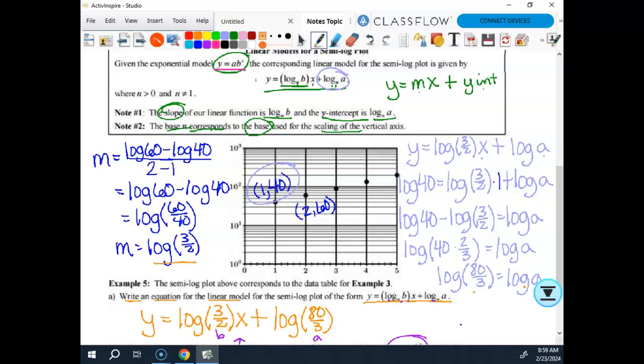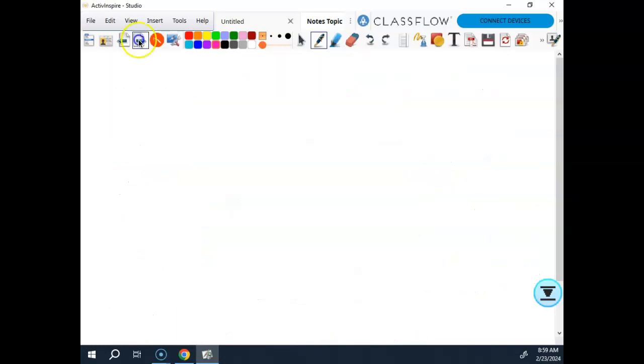So here we go. We know that an exponential equation looks like that, without any translations or anything in it, right?